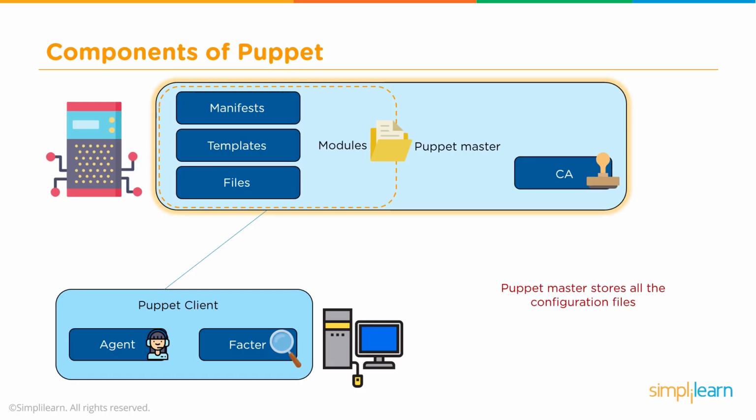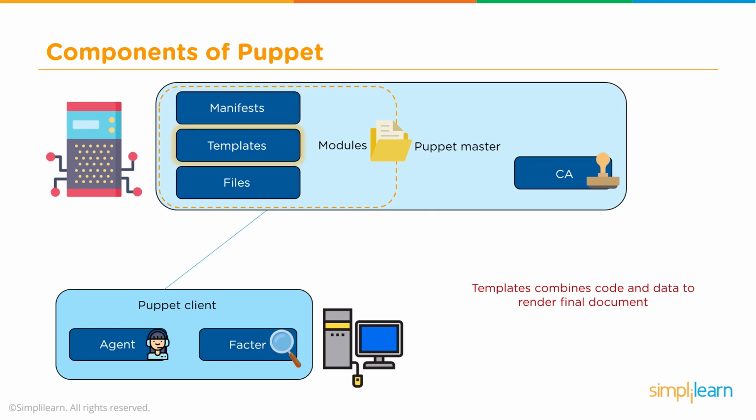Here we have a breakdown of the Puppet environment. On the top, we have the main server environment. And then below that, we have the client environment that would be installed on each of the servers running within your network. If we look at the top part of the screen, we have our Puppet master store, which contains our main configuration files. Those are comprised of manifests, which are the actual code for configuring the clients.